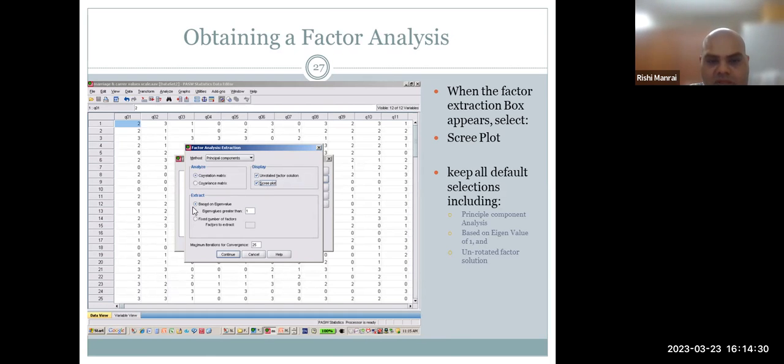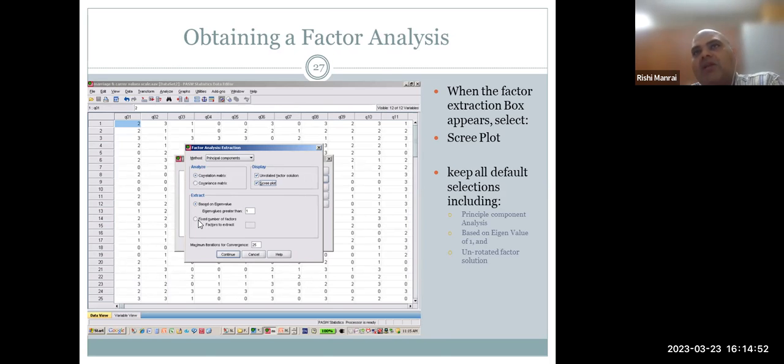Extract number one is based on eigenvalues. We have discussed that only eigenvalues more than one will be considered as factors. If you want to fix the number of factors, you can choose option number 2.